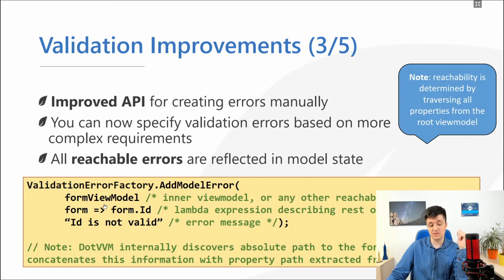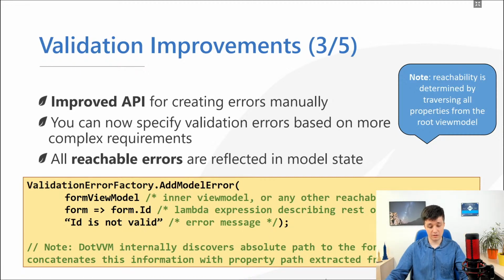And then we will just concatenate it with this path that you provided using the lambda function, and we get the whole absolute property path from root view model to the violating property.